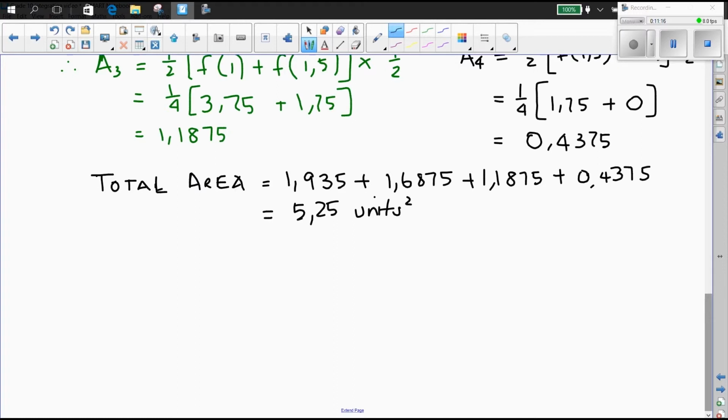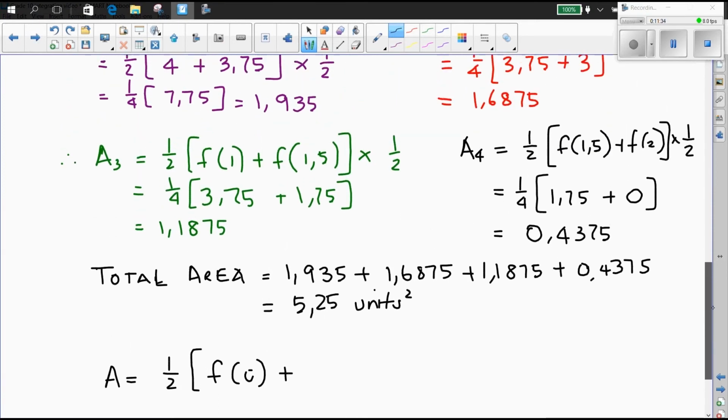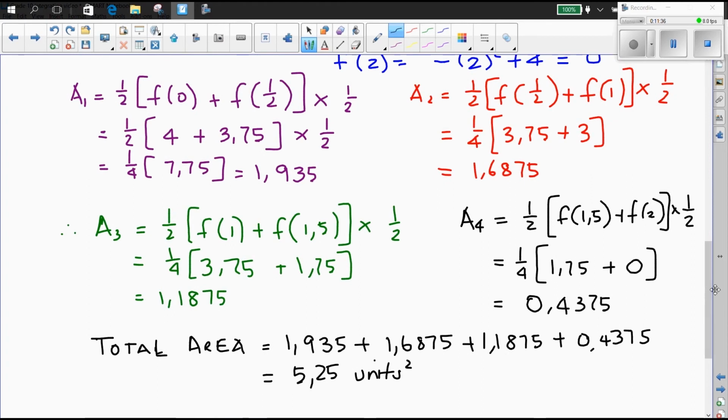So our total area is a half the sum of the parallel sides. Let me just scroll up and show you what I'm saying. In area 1 we had f of 0 and f of a half.